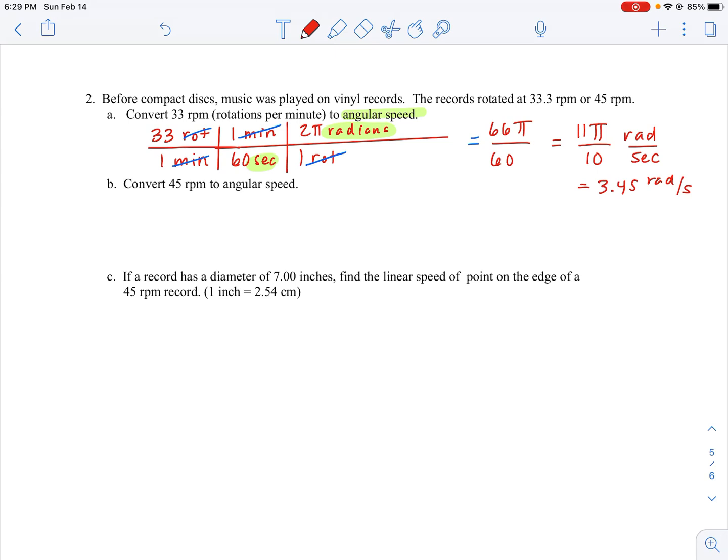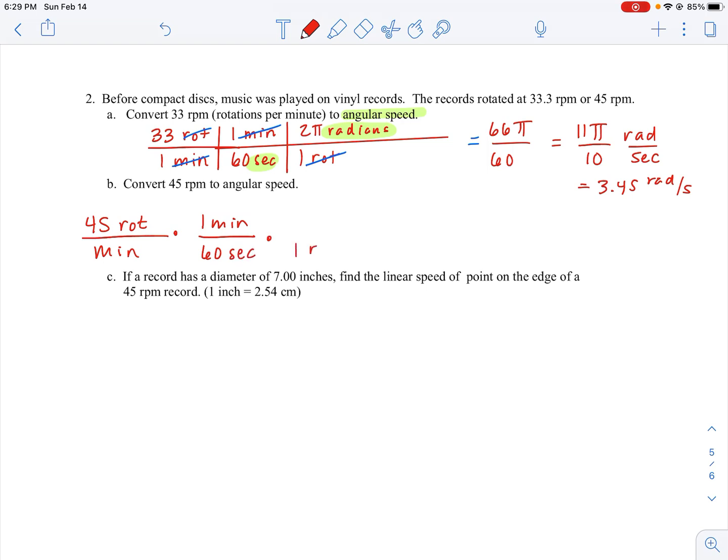Okay, let's practice another one. 45 RPM to angular speed. Okay, so this is rotations per minute. So I'm going to do the same thing. I'll use slightly different notation just in case you've seen it a different way. So again, 1 minute is equivalent to 60 seconds.